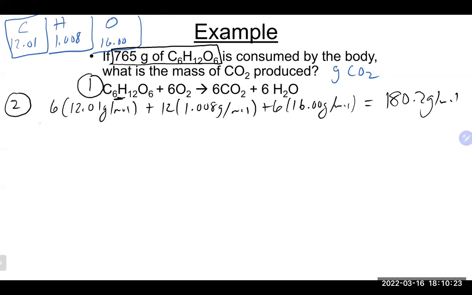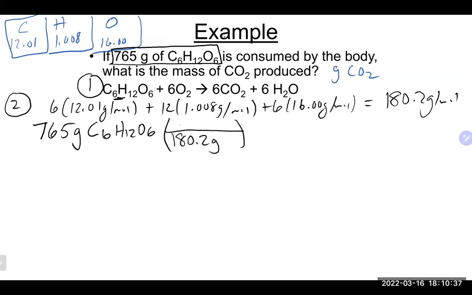Obviously, we're going to use that as a conversion factor to convert the grams that they gave us into moles. So just like we've done in the past, 765 grams C6H12O6. Here again, opposites cancel, which means we need to put the grams on the bottom so that they cancel. That means we're basically dividing by it.